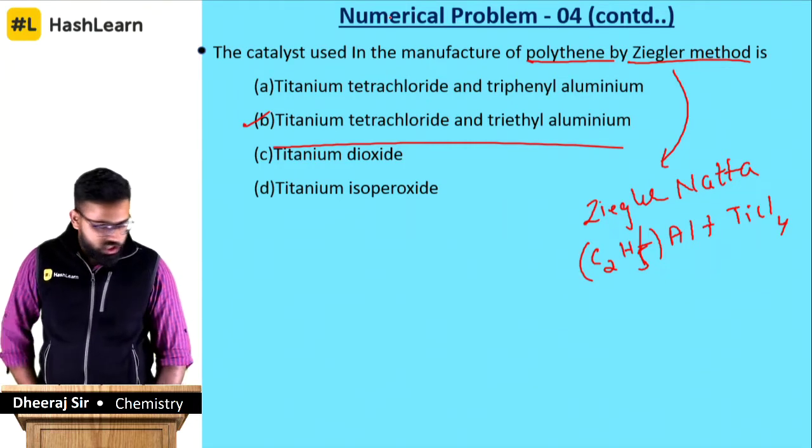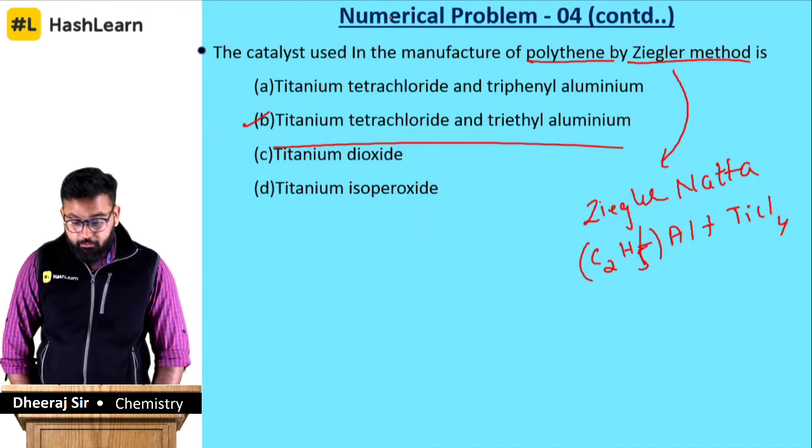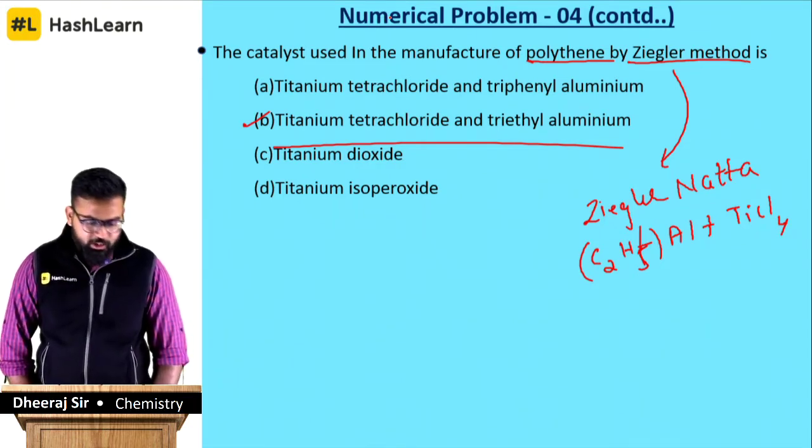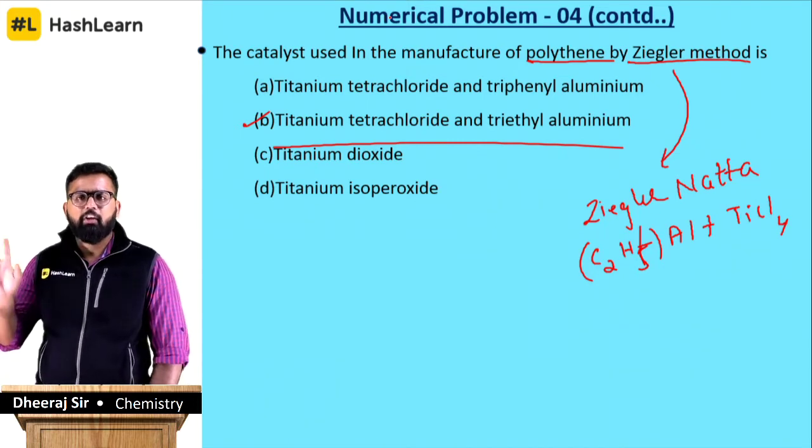So Pooja, Yogesh, Sakshi gave us the right answer. Good going, guys. Titanium tetrachloride and triphenyl aluminium is A. What Shakir said, no, it is triethyl aluminium. Remember this: ethyl aluminium titanium chloride.